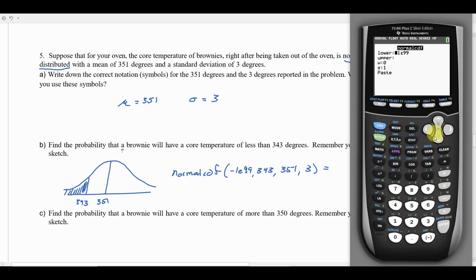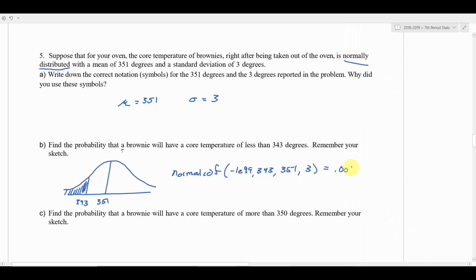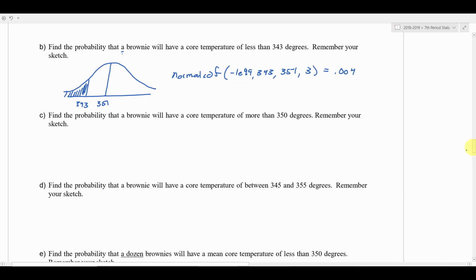We have our negative 1E99 in there already. We're going up to 343, mean 351, and standard deviation is 3. There we go. So we got 0.004 if I go to 3 decimal places. All right, that completes that problem. Pretty easy, just a basic run-of-the-mill normal CDF problem.